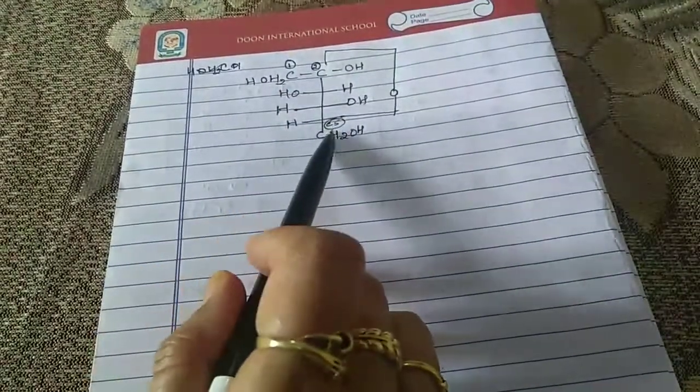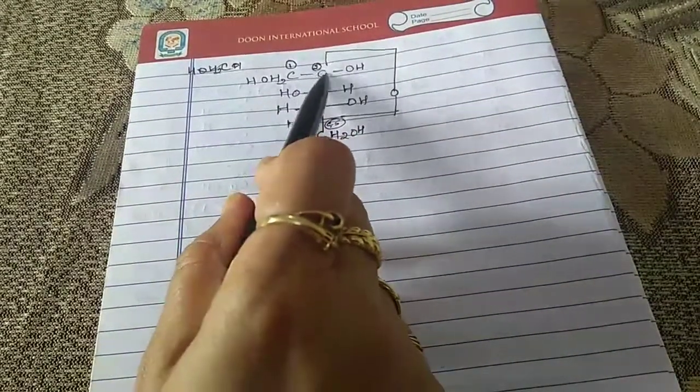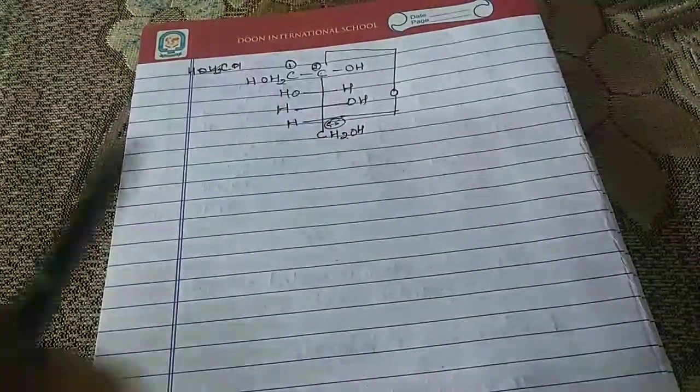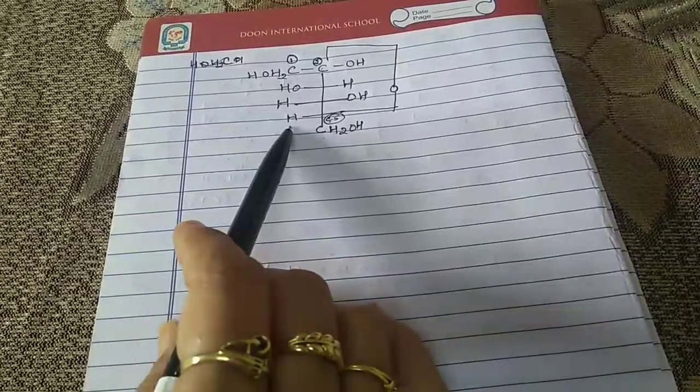So the linkage is between the C5 and that carbon atom which possesses the ketonic group. So this one is the cyclic structure for fructose.